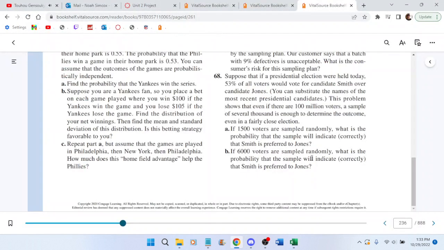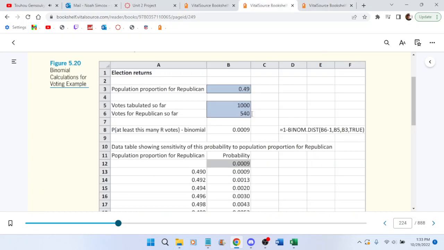God dang it, man. Man, this is so fun. What's the probability you get at least 751? What's the probability you get at least 540?